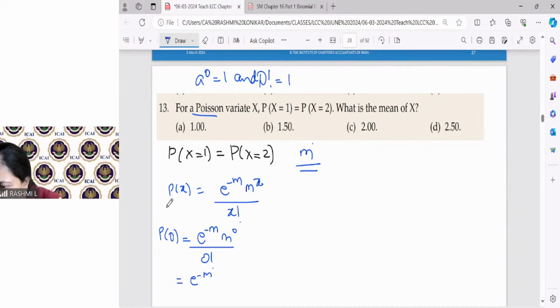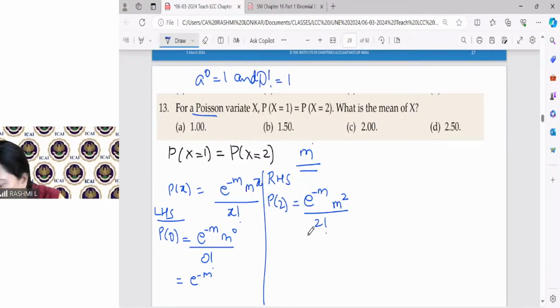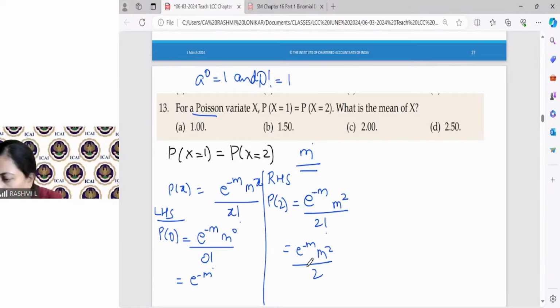So my LHS is this much. Let me see about the RHS. RHS is P of 2 is equal to e raised to minus m, m raised to 2 upon 2 factorial. So this is equal to e raised to minus m, m square upon 2, because 2 factorial I know is always also equal to 2. Now I need to equate them.